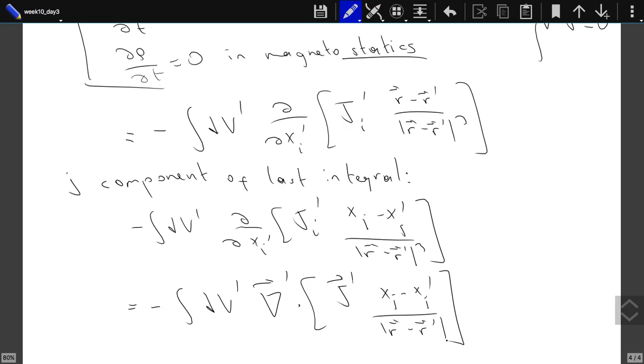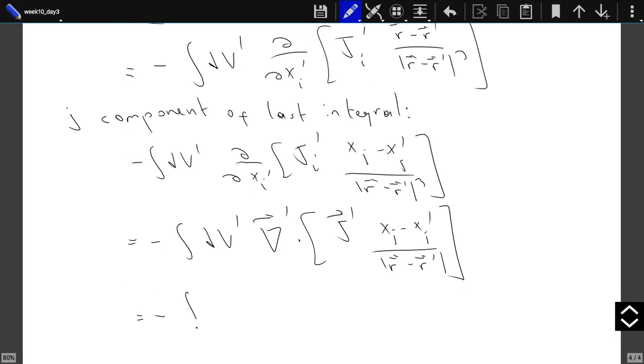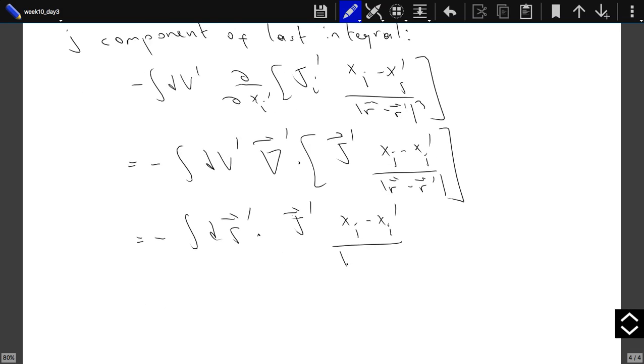But the volume integral of a divergence is always equal to the surface integral. But I'm integrating over all of space. Hence, the surface that I'm integrating over is the surface of my volume, which is at infinity.